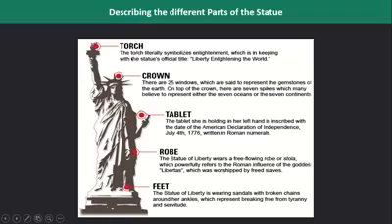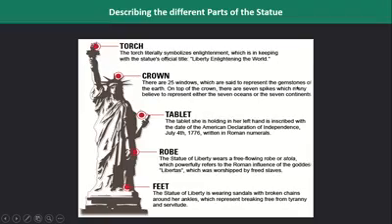Torch. The torch literally symbolizes enlightenment, which is in keeping with the statue's official title, Liberty Enlightening the World. Here we find crown. There are 25 windows which are said to represent the gemstones of the earth.